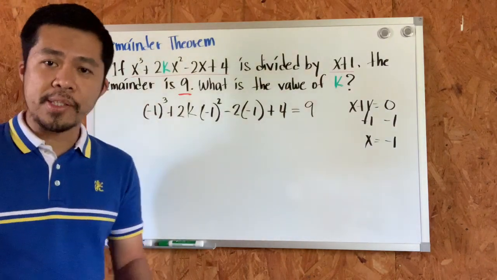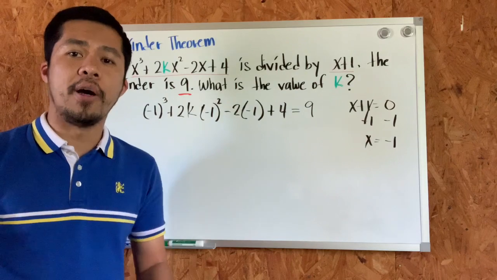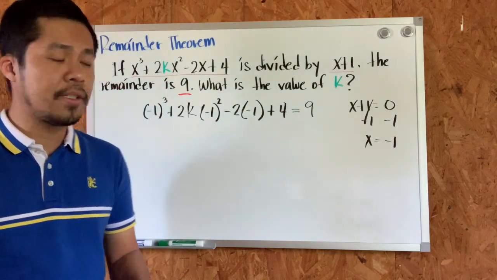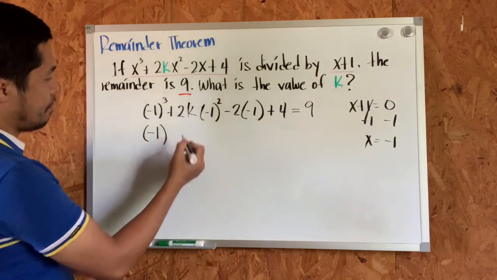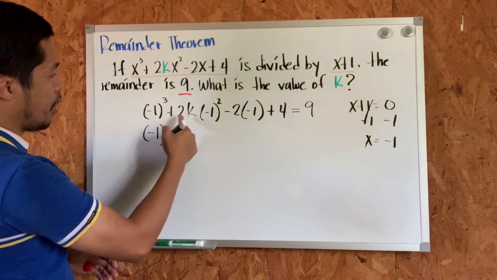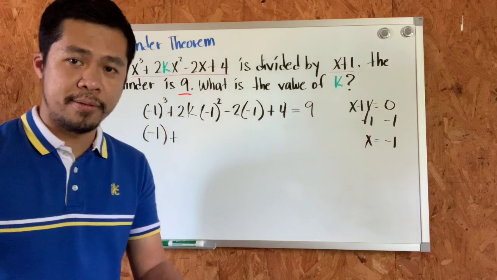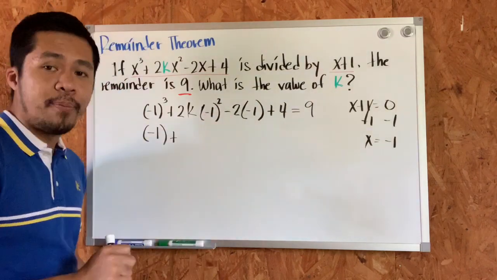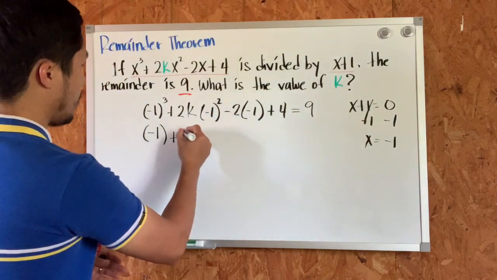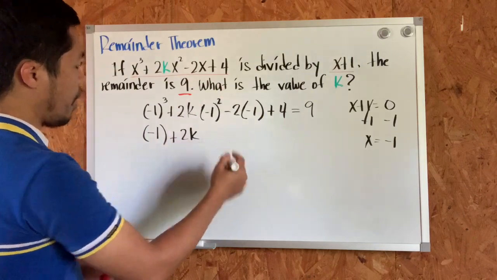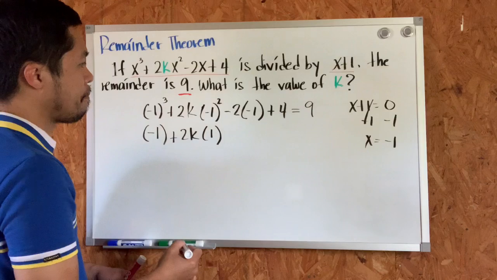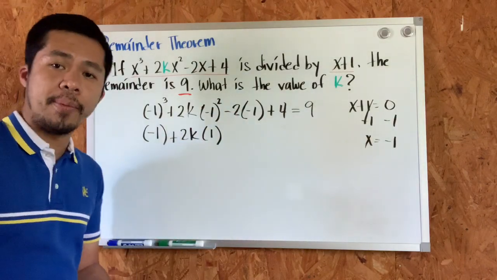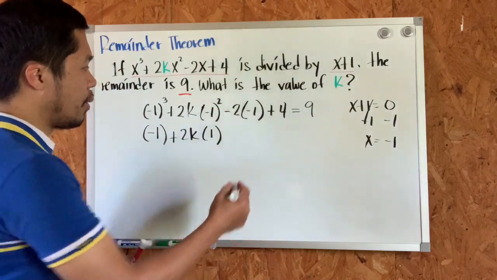-1 raised to 3 means -1 times -1 times -1, that will give us -1. Plus, okay, don't multiply 2k and -1. We have to evaluate (-1) squared first. So this will be -1 times -1, which is equal to +1. You can multiply this, -2 times -1, that is equal to +2.